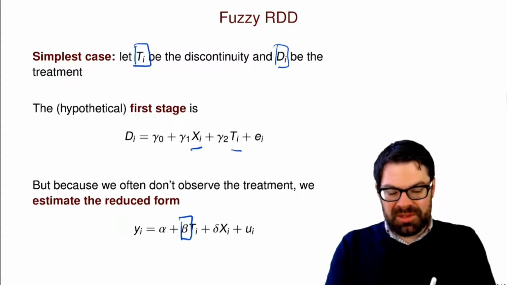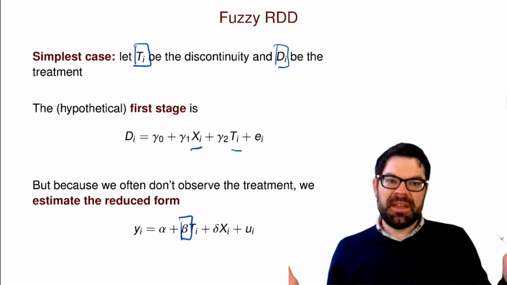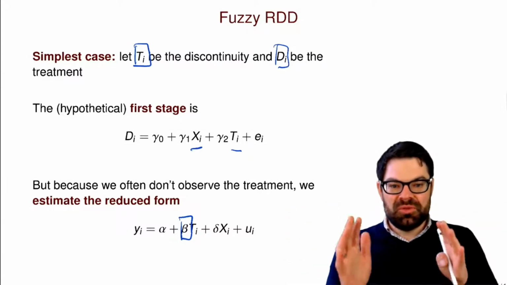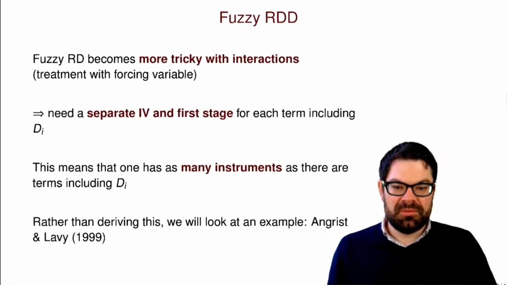But if you want to do all these things in an IV framework, you need lots and lots of data points in order to draw any meaningful inference. That's why we typically focus on the reduced form.